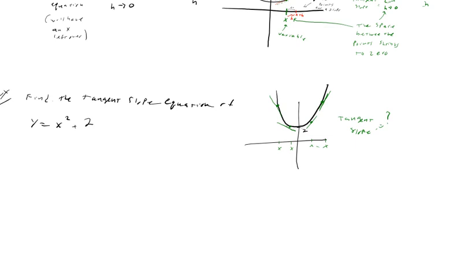We're gonna say, okay, that tangent slope equation is going to be the limit as h approaches 0 of f of x plus h minus f of x over h. Watch what happens.